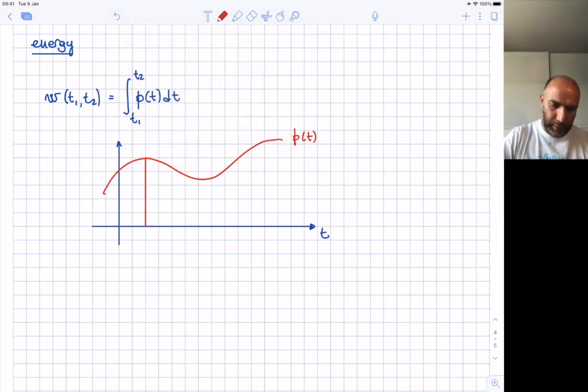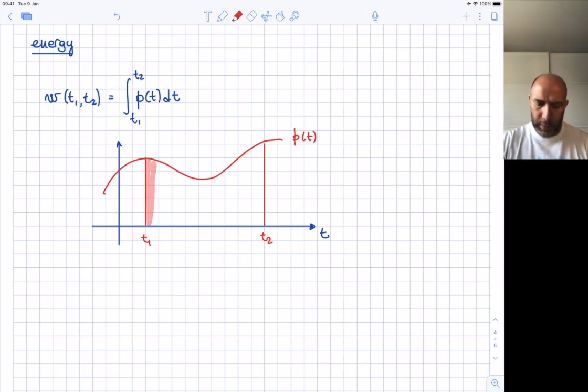In other words, if we have the power profile associated with a component in time, and we identify two time instants, T1 and T2, the energy associated with this component in the time interval T1, T2 is the area under the curve of the power.